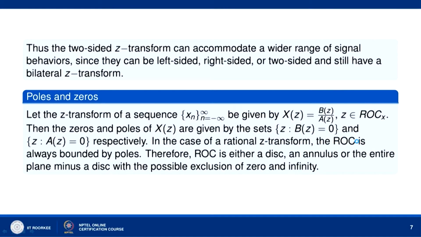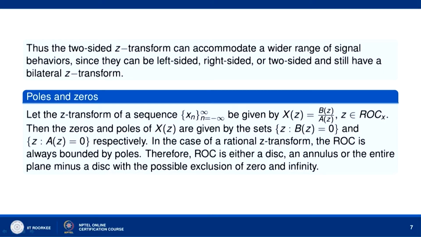Thus the two sided Z transform can accommodate a wider range of signal behaviors, since they can be left sided, right sided or two sided and still have a bilateral Z transform. Now, let the Z transform of a sequence x[n], n from minus infinity to infinity, be given by X(z) equal to B(z) over A(z), where z belongs to ROC X. Then the zeros of X(z) are the set of all z such that B(z) equal to 0, and the poles are the set of all z such that A(z) equal to 0.